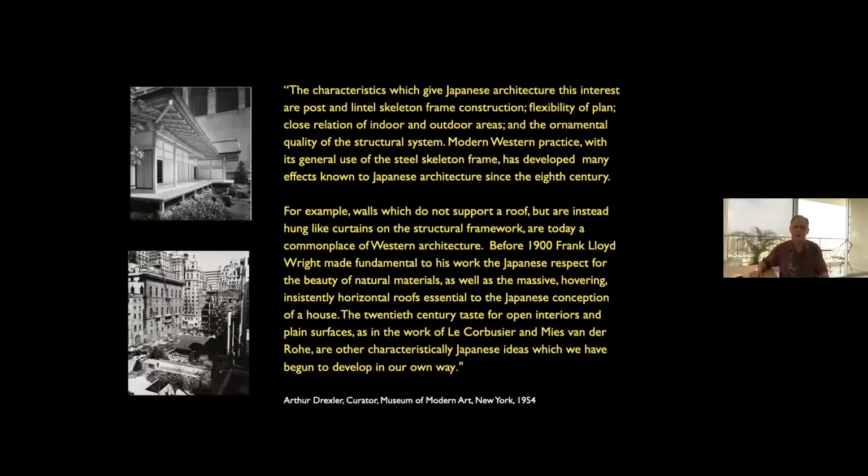And Arthur Drexler, a very smart, very intelligent curator, sets out in the brochure how not only was traditional architecture sort of modern, but that modern Western architecture had learned or picked up many of these modern characteristics from studying traditional Japanese architecture. So by this time, it's become a kind of full circle. The traditional Japanese architecture has modern characteristics, and contemporary Western modernism then learnt some of those characteristics from traditional Japanese architecture.